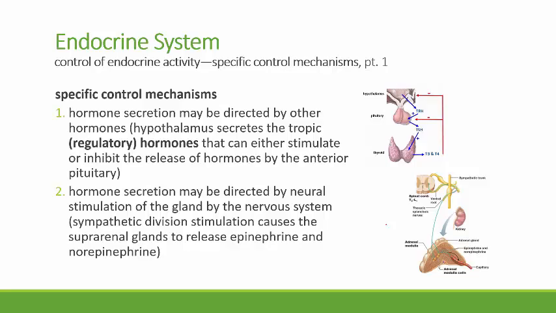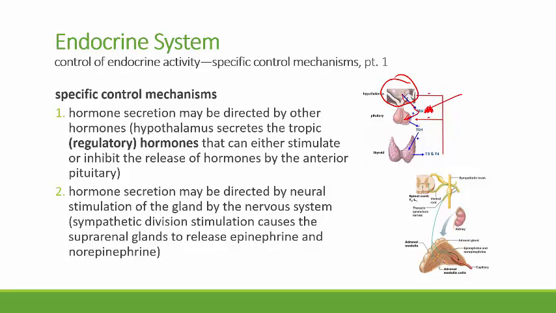So for instance, let's just see it here. We see the hypothalamus here. The hypothalamus produces a hormone called thyroid releasing hormone. Thyroid releasing hormone acts at the anterior pituitary gland and causes the release of thyroid stimulating hormone.